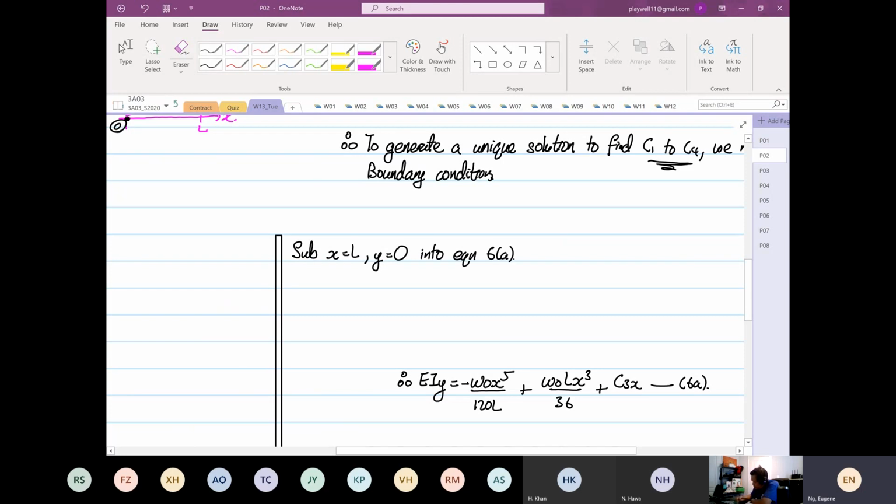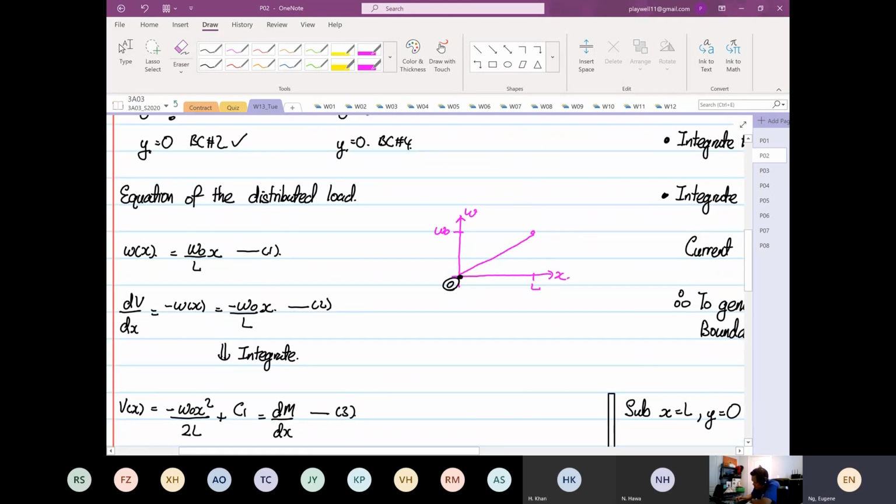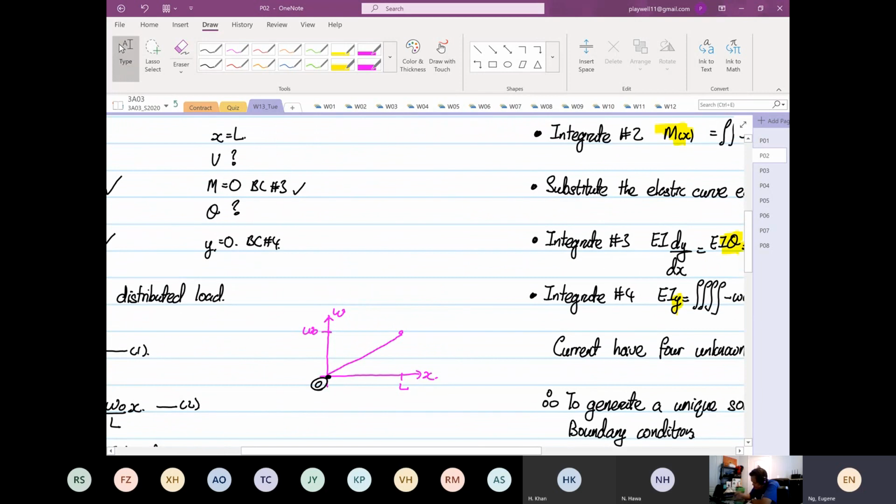So this is the last boundary condition: x is equal to L, y is equal to 0. So we have used the last boundary condition.